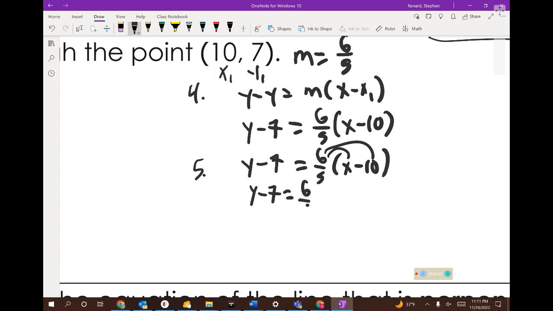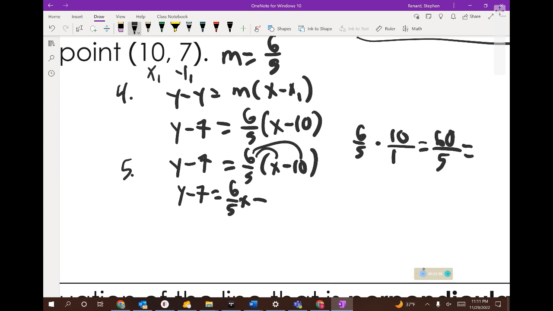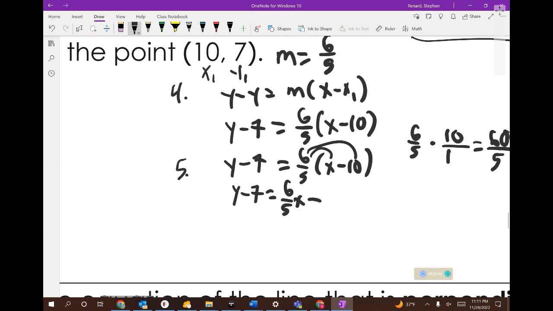We're going to go 6/5 x minus, we're going to go 6/5 times 10. Again, when we multiply a fraction by a number, we put that number over 1. Then we multiply straight across. 6 times 10 is 60. 5 times 1 is 5. And then we grab our calculator and go 60 divided by 5. And we get 12.